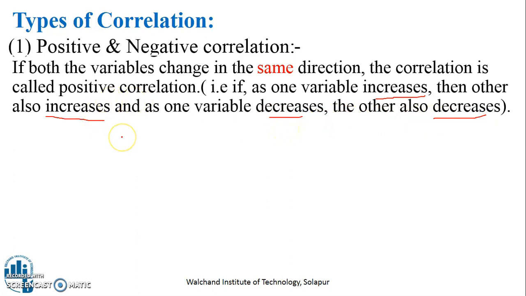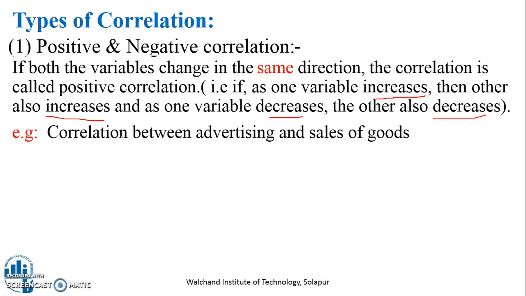So such type of correlation is said to be positive correlation. For example, correlation between advertising and sales of a particular goods. If there is more advertisement about those goods, then there will be more sales.